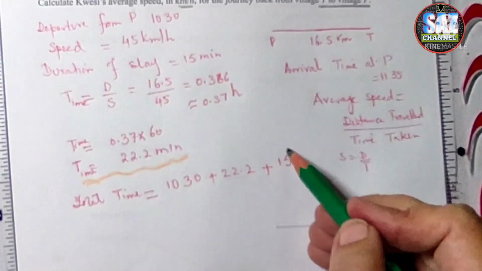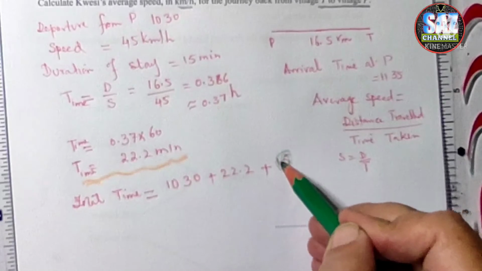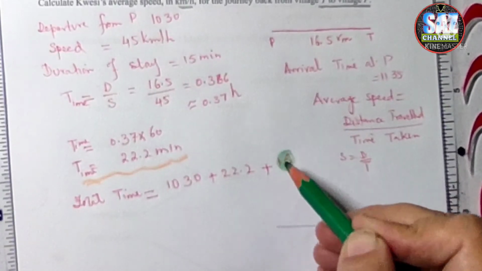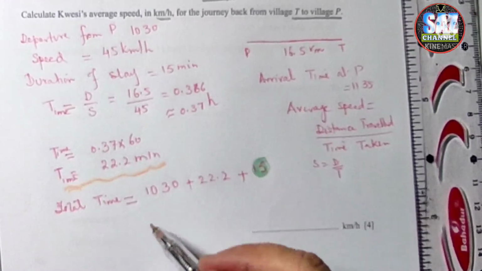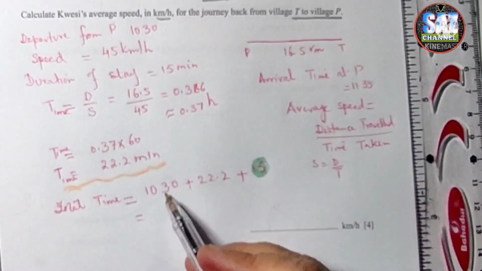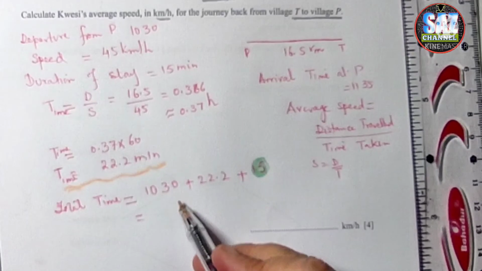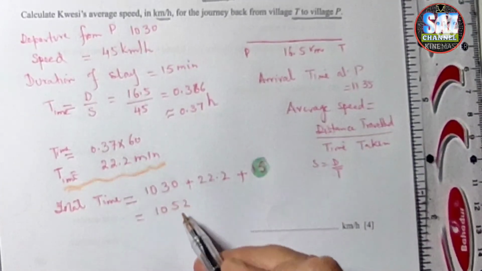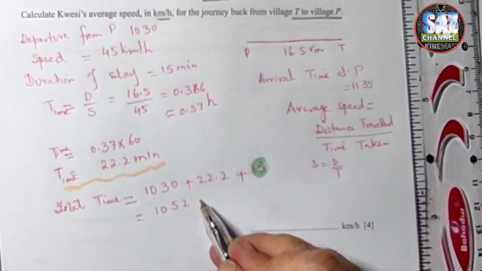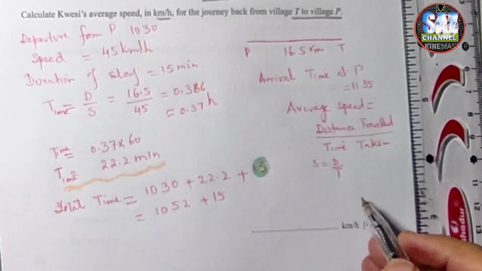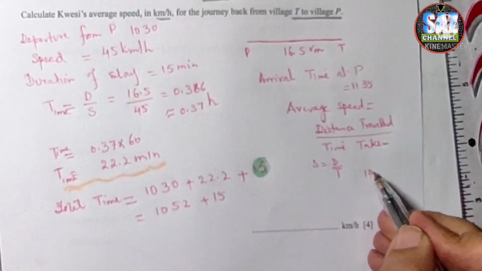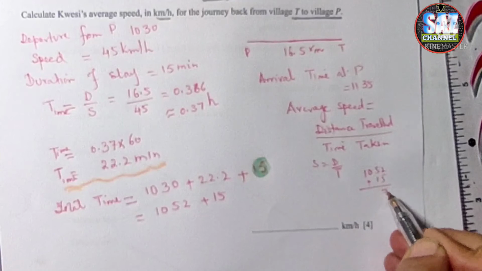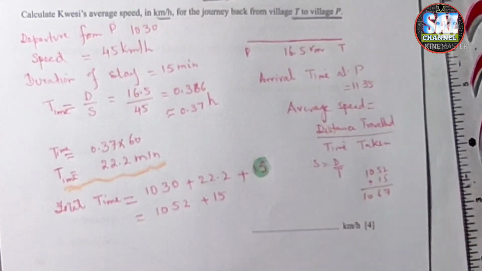I'm highlighting this. Why I'm adding this up, because for these 15 minutes he is still at T. So when I'm adding 22 minutes to 10:30, it becomes 10:52, and plus 15 as well. Let me add them up over here. 10:52 plus 15 minutes, 7 and 6 gives 10:67.